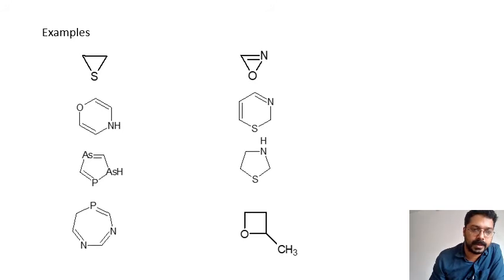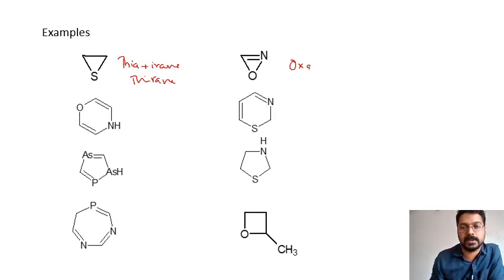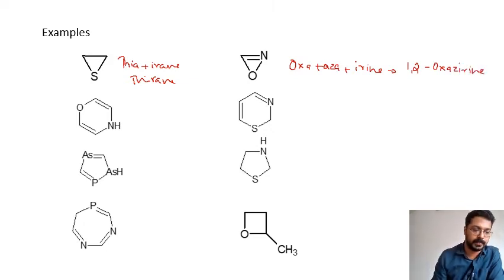It will be thia plus irane: thiirane. Then it is oxa, because oxygen comes first by preference, plus aza, and 3-membered unsaturated is irine, with positions 1, 2: oxazirine.